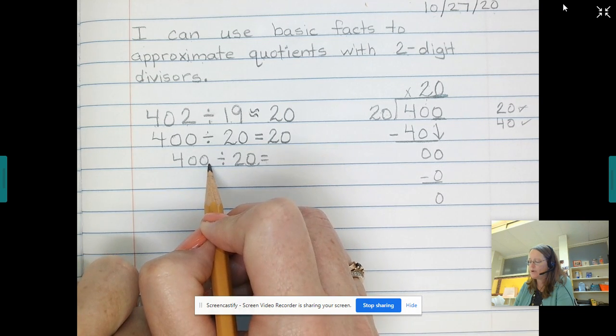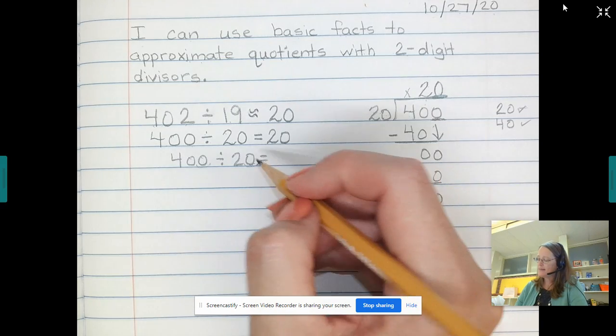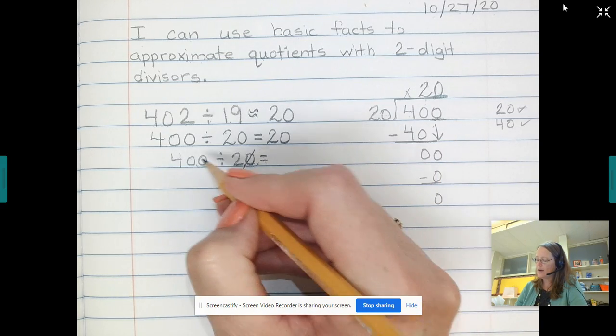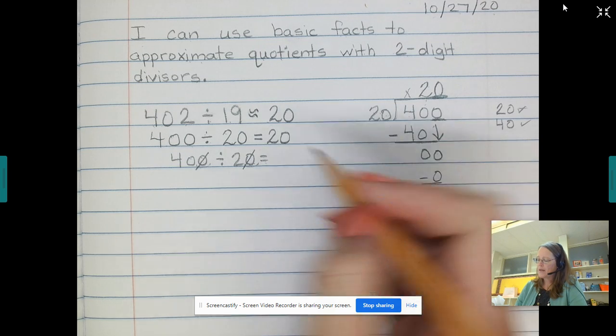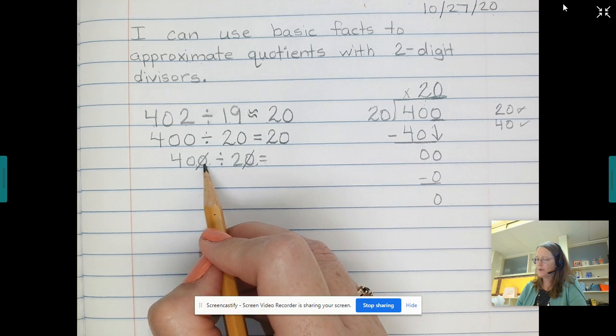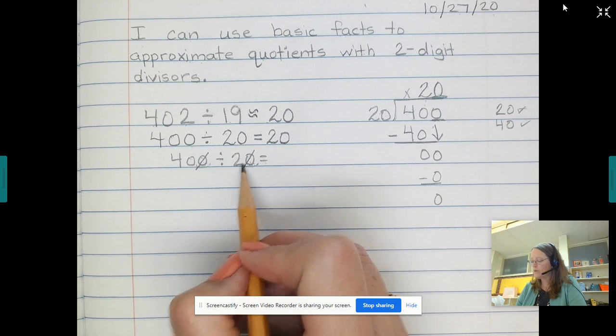If I divide 400 by 10, it moves that decimal over. In a division problem, guys, that's called canceling out. Okay? I have a 0 here and a zero in my divisor and a 0 in my dividend. So I can cross both of those out.